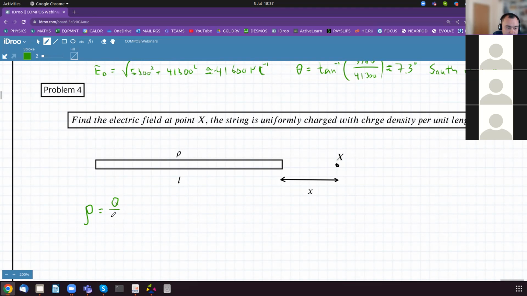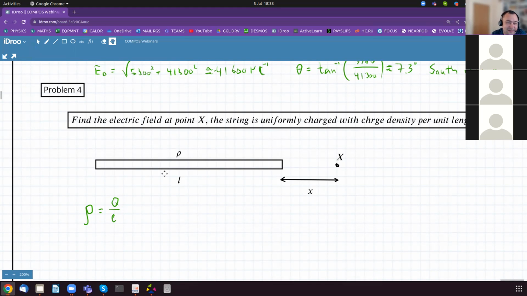Literally, charge per length. Usually we can say delta Q over delta L, although not necessary. Just charge per unit length. That's the definition of the density per unit length.